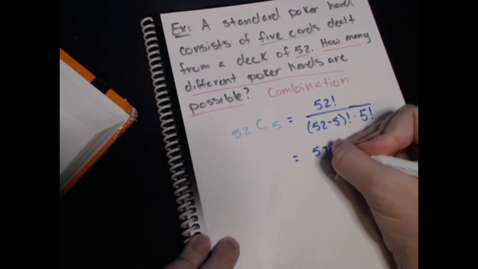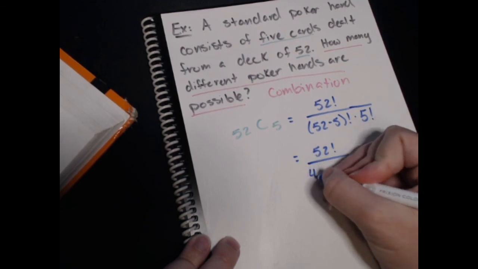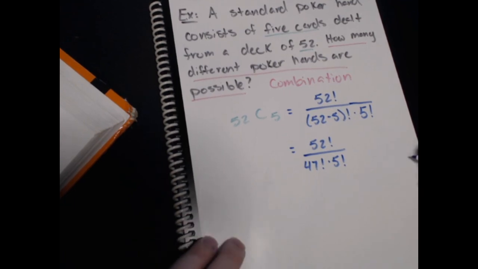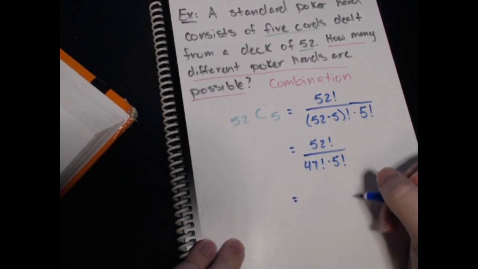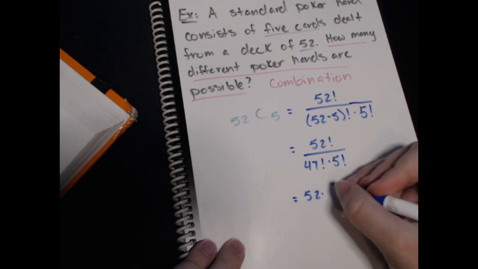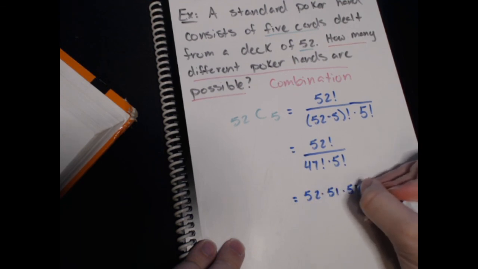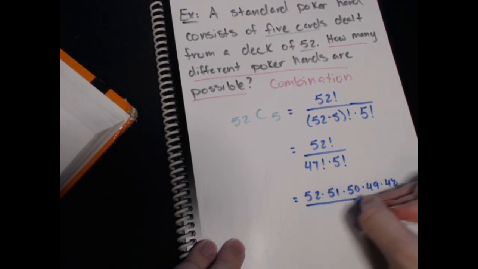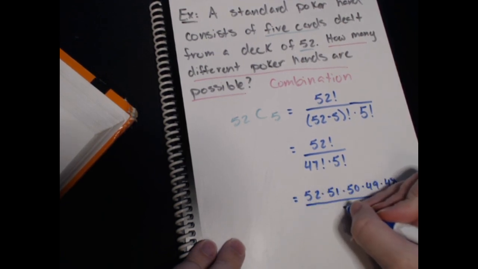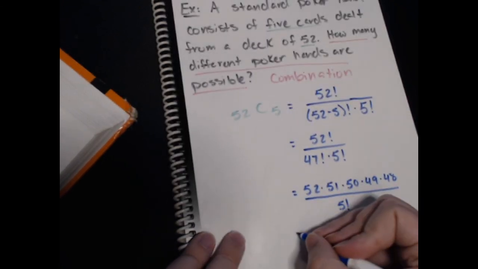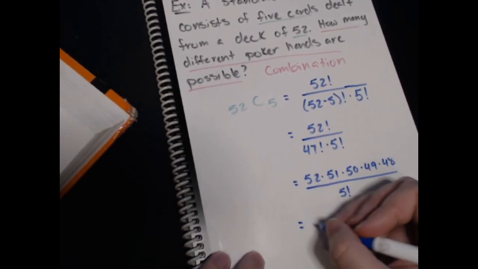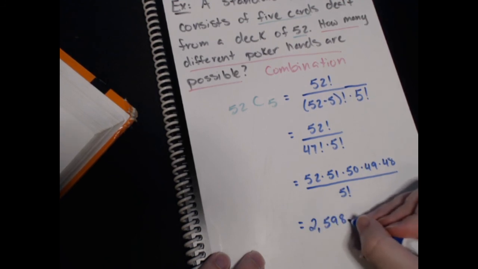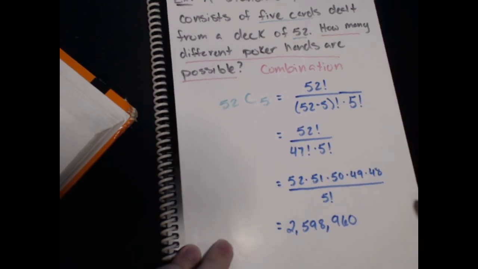So you have 52 factorial over 47 factorial times 5 factorial, which really means you have 52 times 51 times 50 times 49 times 48 all over 5 factorial. You'd have to work that out in a calculator. That number ends up being 2,598,960.